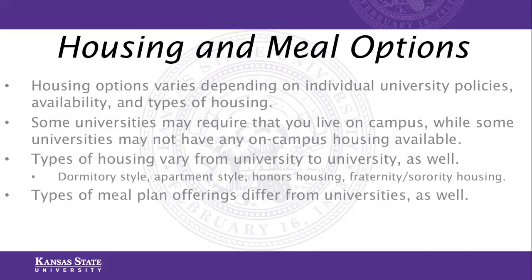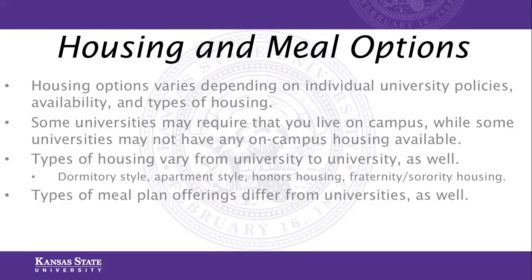Or maybe if you want to join the Greek system, they have fraternity and sorority housing. Not every university offers that, but for some, it's a very integral part of their campus life. So just getting to know the different housing options available to you is really, really good. For example, there may be housing options that you would not be aware of.